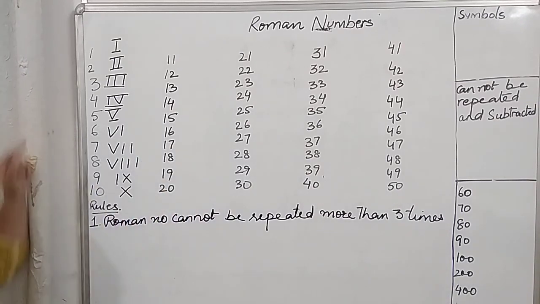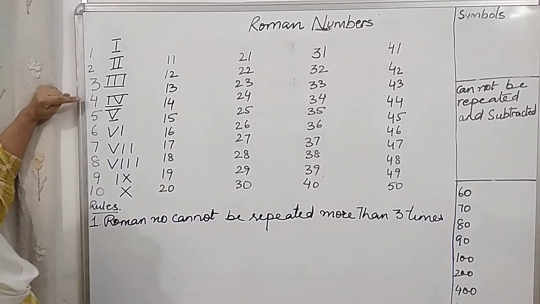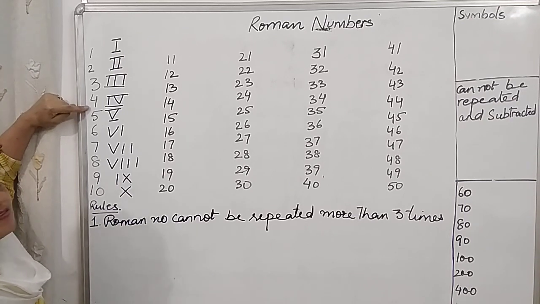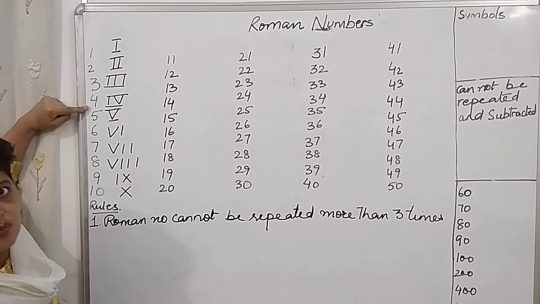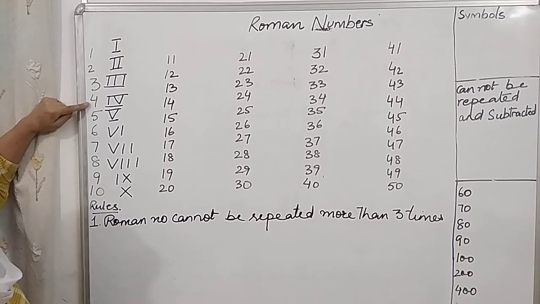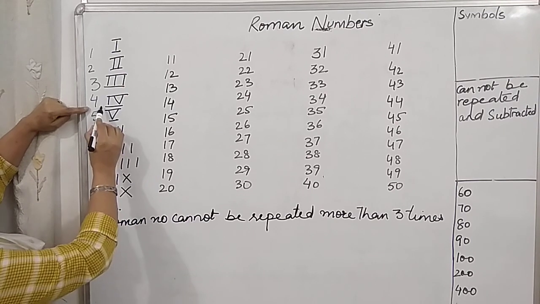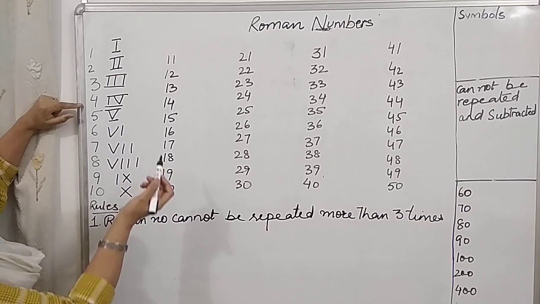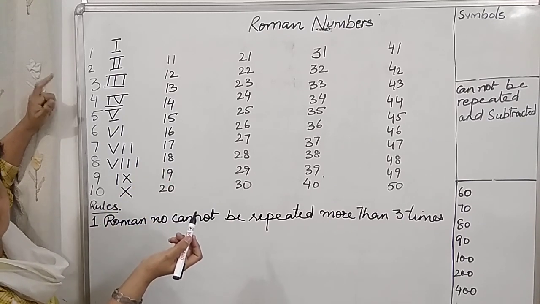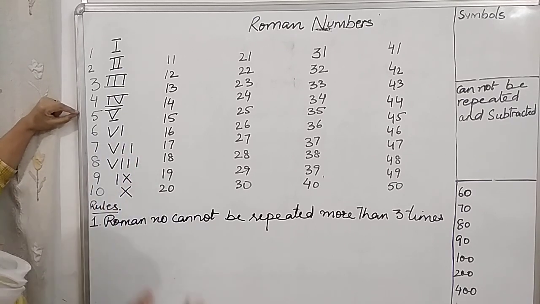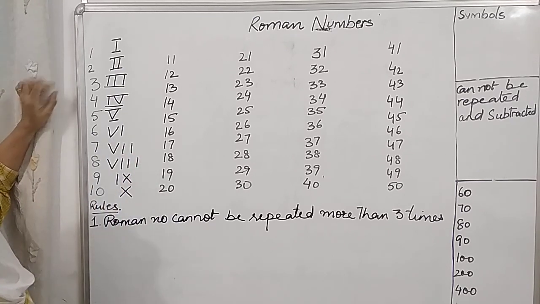Because of this rule, we have to look for another symbol for 4. But we have been very smart. We did not look for a separate symbol for 4. We thought of a symbol for 5 and wrote 4 in terms of 5. We wrote I on the left of V and it meant 5 minus 1 equal to 4. And when we write I on the right side of V, it means 5 plus 1, 6.